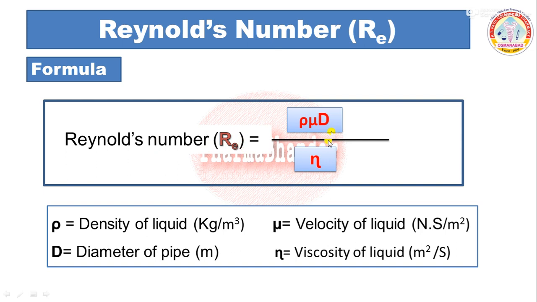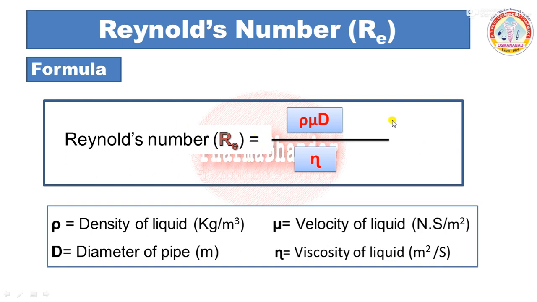The second significance of this equation is that the Reynolds number is not a constant value, it varies with the change in these parameters. And the third significance is that if you know the value of density, velocity, diameter of pipe, and viscosity, you can calculate the Reynolds number, and from that you can predict the type of flow produced in that fluid.